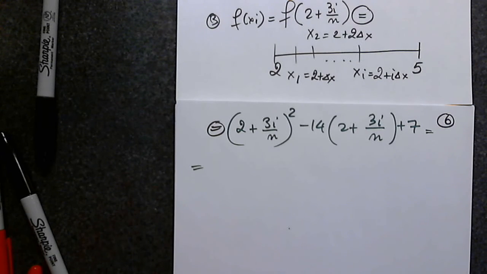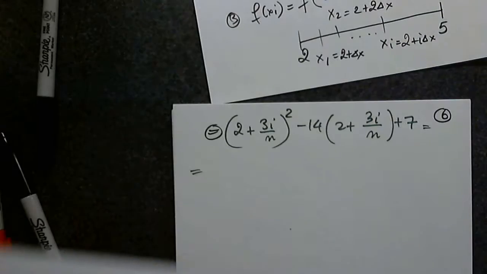The book shows a slightly different method. If you prefer that, I'm fine. If that is better for you, please use it. So here's what they do. They don't really simplify everything, but it's the same idea. It really is. It's the same idea.